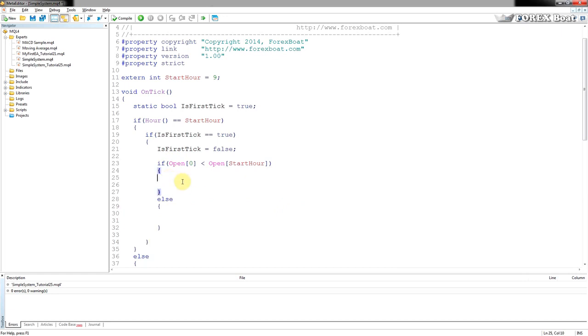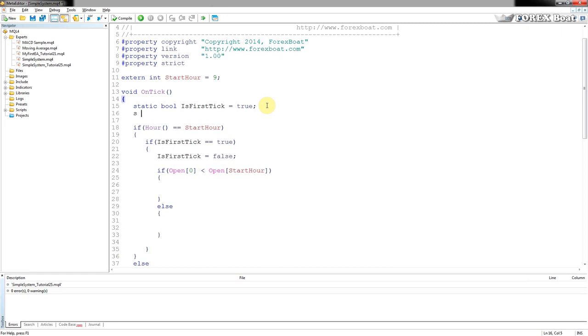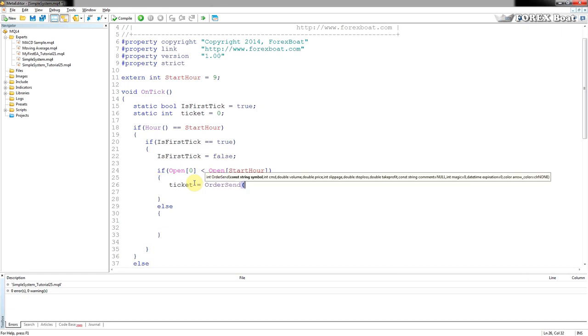So what we're going to do is send our order. To send an order, we need a ticket variable, and we're also going to make it static, so our function remembers the value of ticket throughout its execution. We're going to set ticket to 0 initially, and then here we're going to use OrderSend to send a ticket.